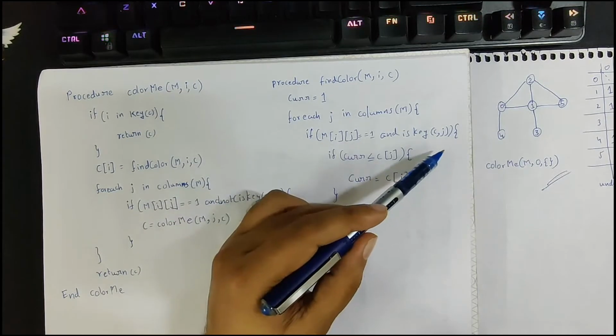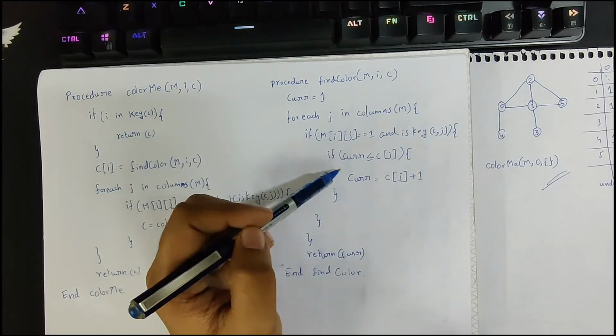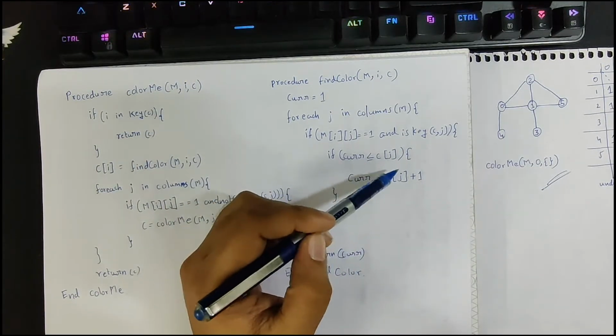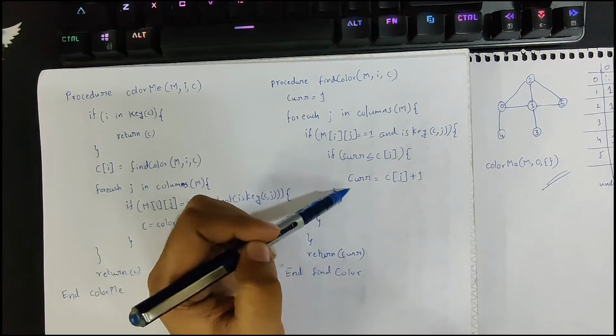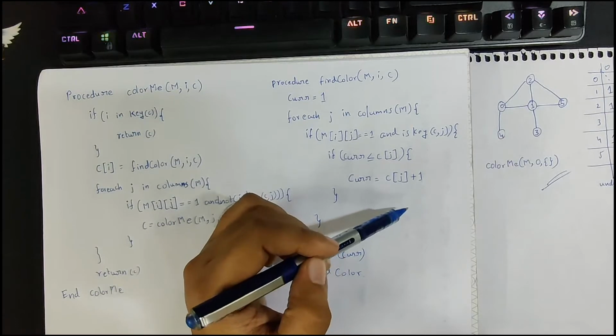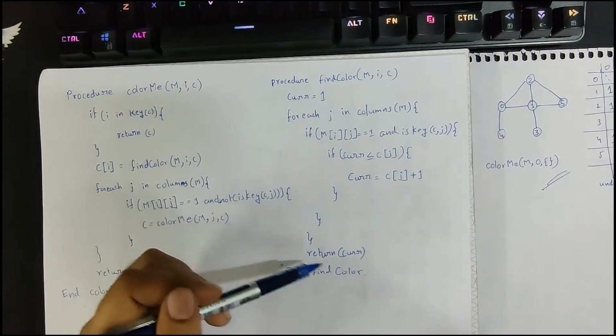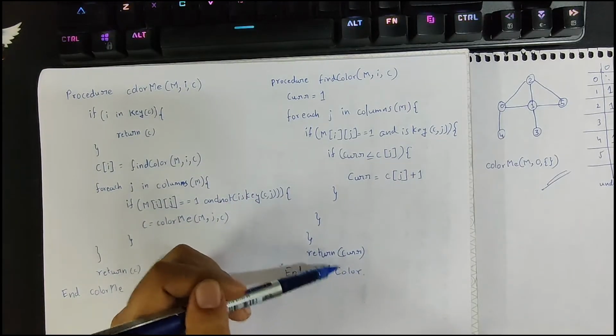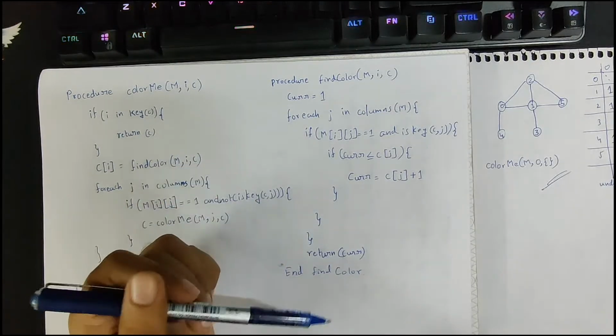If it is a key, then if current is less than or equal to the C of j, we are updating current as C of j plus 1. Okay, then finally we are returning current value as the output for this find color procedure.